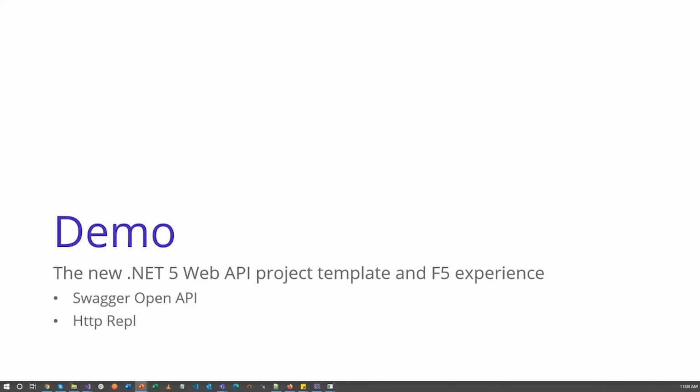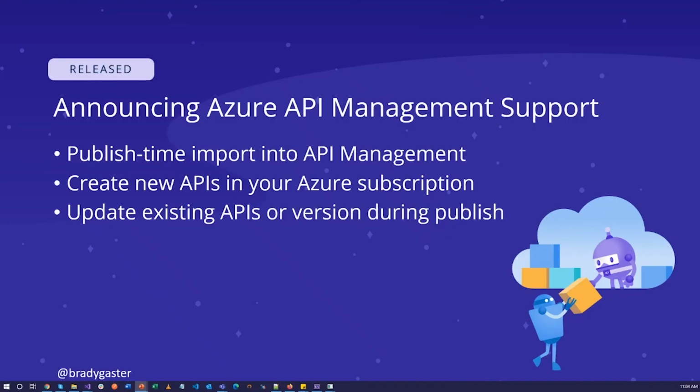So we had this demo. We went through the Swagger OpenAPI and how we can use the HTTP REPL. And then on the Azure API Management side, we published our API, created an Azure API Management instance, and saw how to test your APIs with Azure API Management.